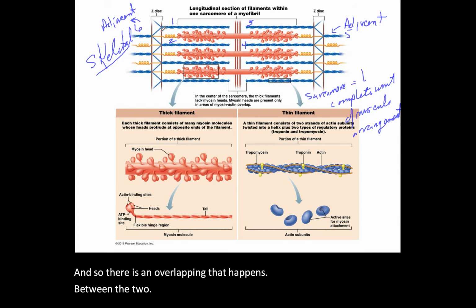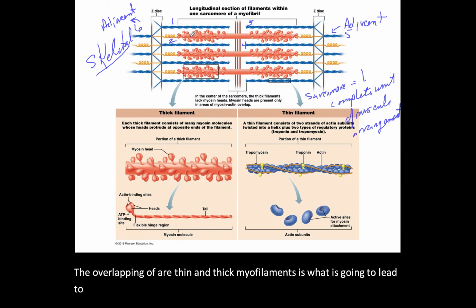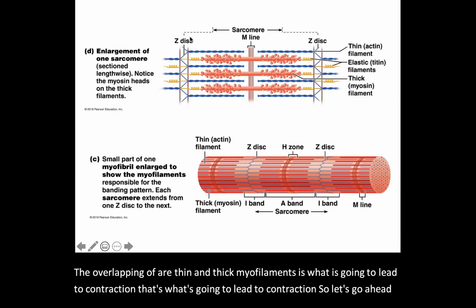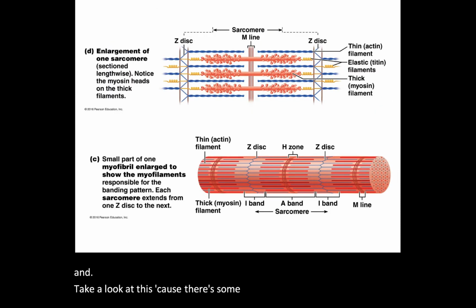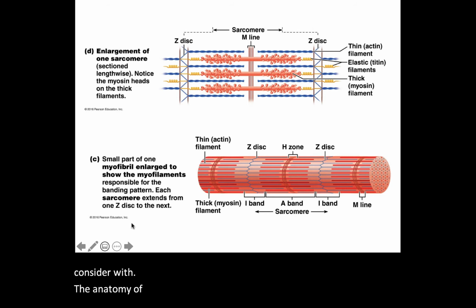And in fact, what we will learn is the overlapping of our thin and thick myofilaments is what is going to lead to contraction. So let's go ahead and take a look at this, because there are some other things that we need to consider with the anatomy of our sarcomere.